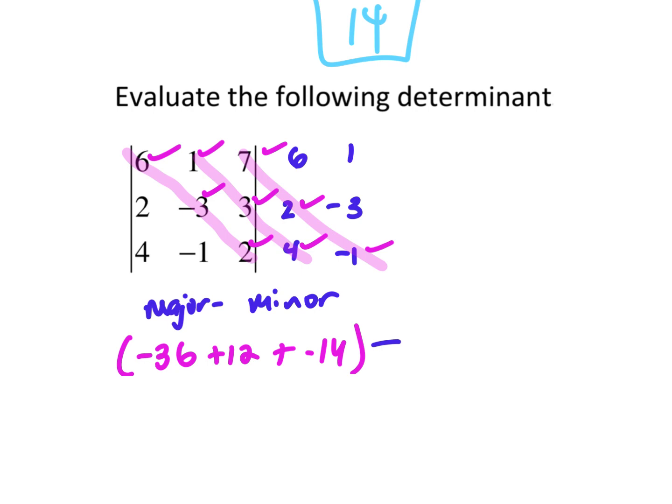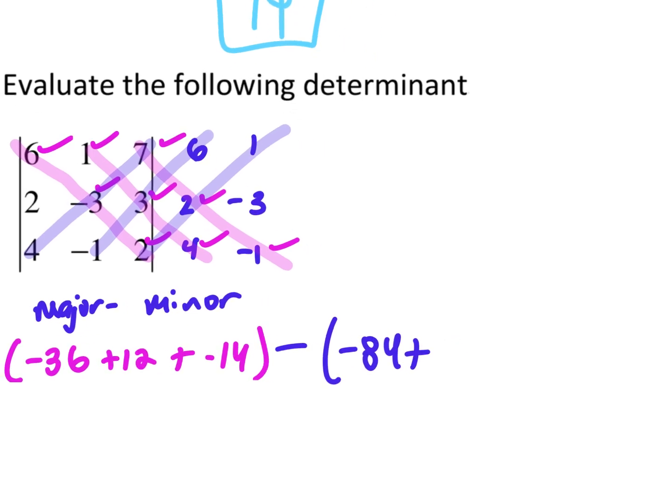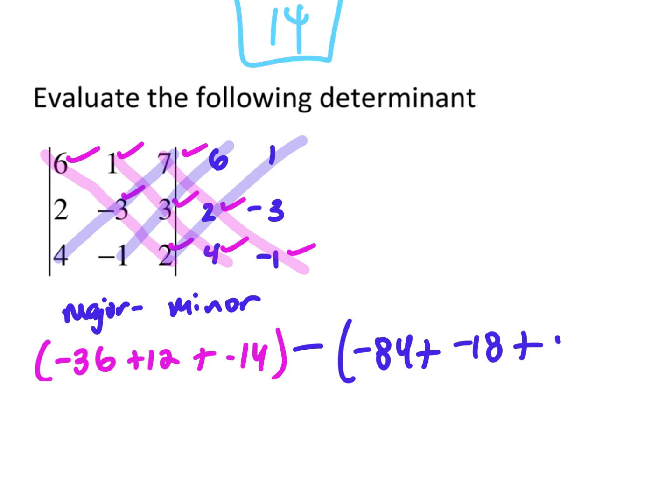Wait, you've got to make sure you get that right. Hang on. It's here, here, and here. Got it. So I have negative 3 times 4 times 7, which gives me negative 84, plus negative 1 times 3 times 6 is negative 18, plus 2 times 2 times 4.